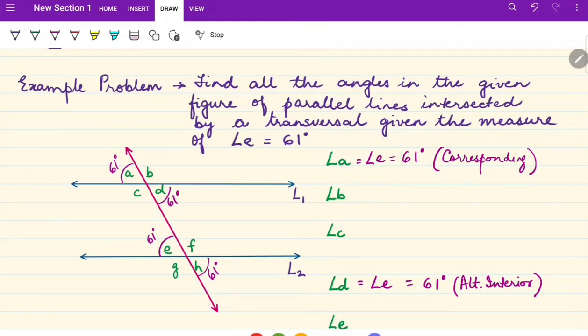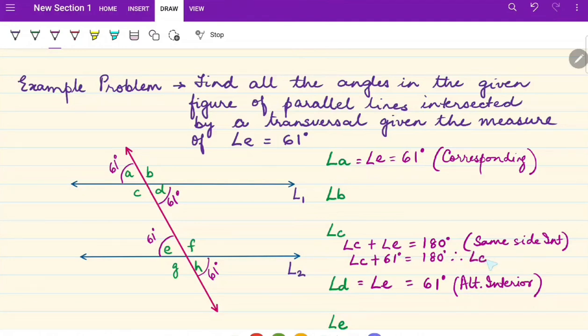So angle C plus angle E will be equal to 180 degrees because they are same side interior angles. So let's plug in the value of angle E as 61 degrees: angle C plus 61 degrees is equal to 180 degrees.